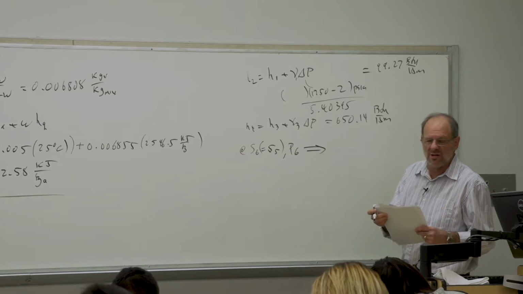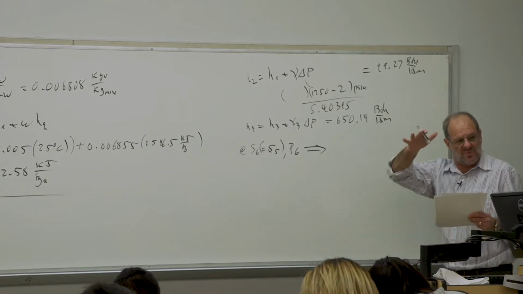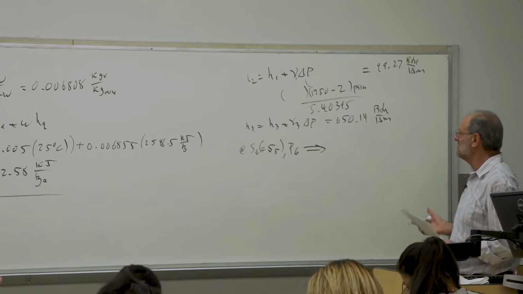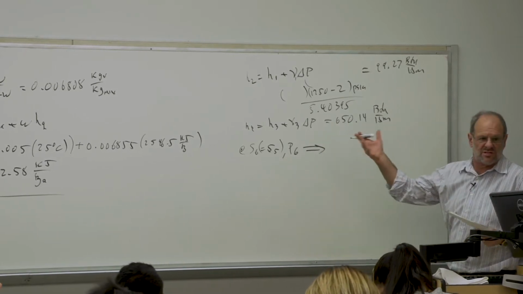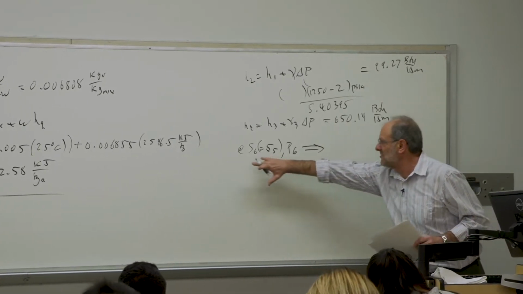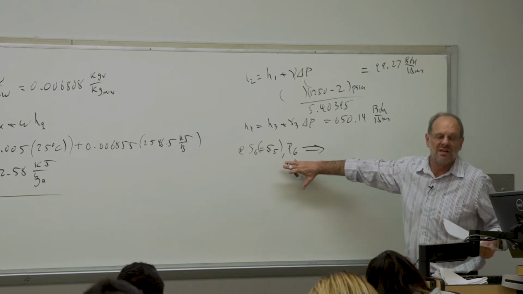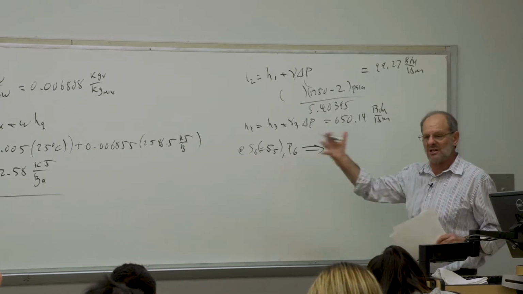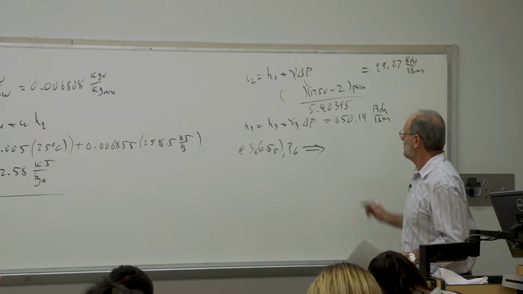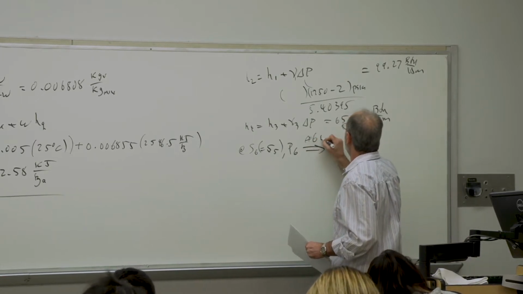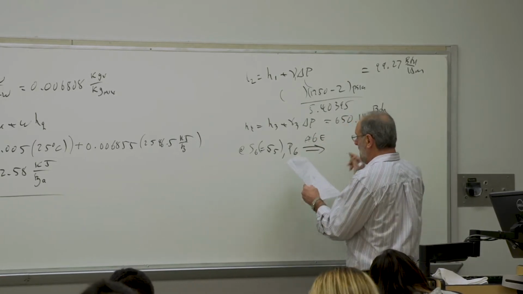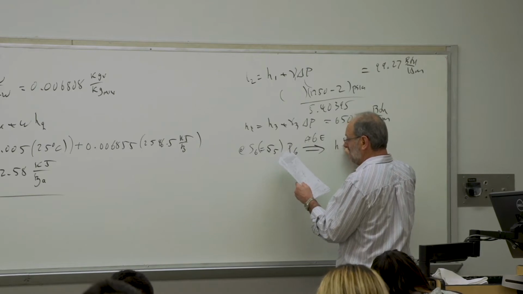Even on the diagram, you can see that I showed 6 as being to the right of the saturation line. So you could have also just done the usual test: this entropy is actually greater than S_g at the given pressure P6. So clearly this is superheated vapor. So we go into table A6E, and we can pull out the enthalpy we need, 1264.5.